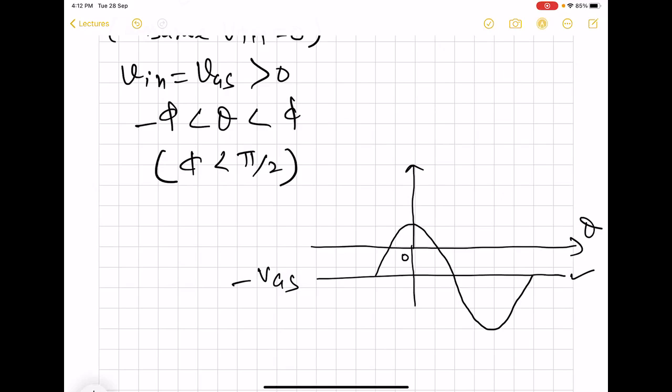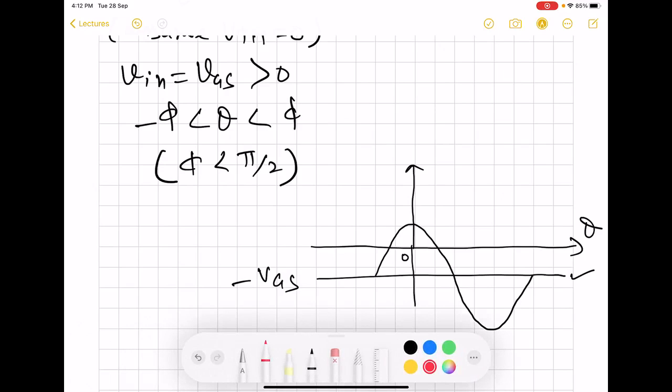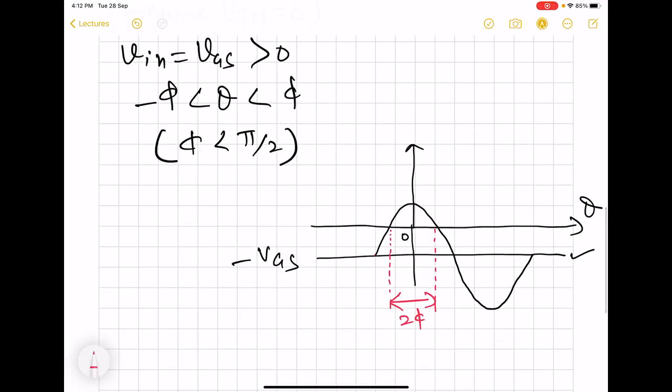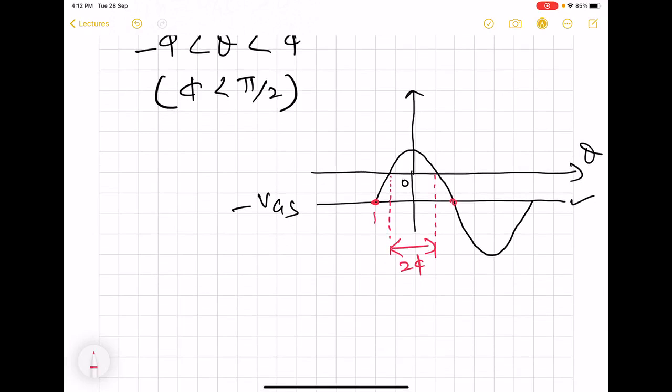So what we find here is that this input is now greater than 0 only for this portion. And this portion you can see is smaller than pi. This is the class C input.